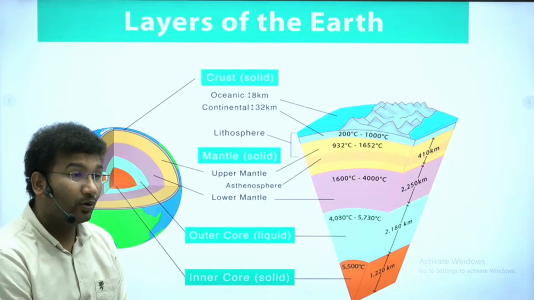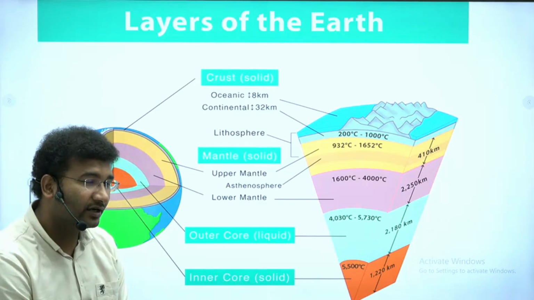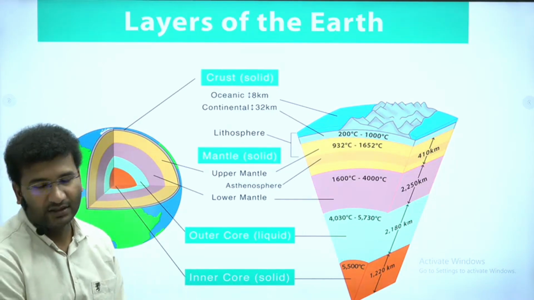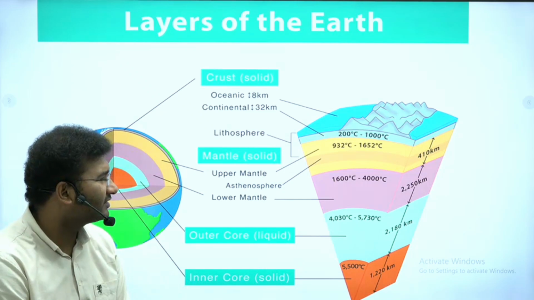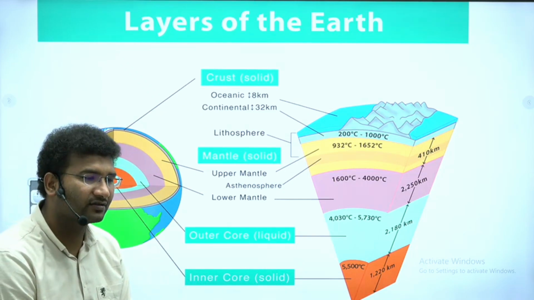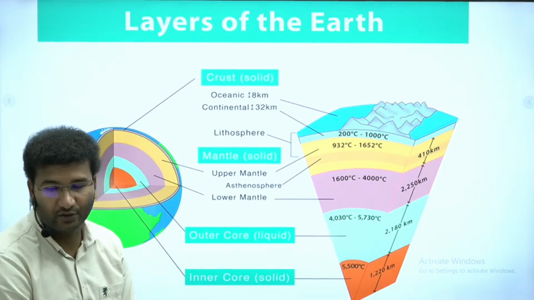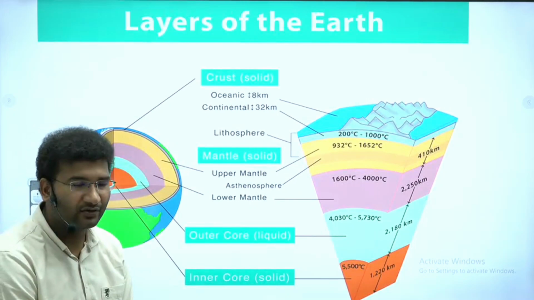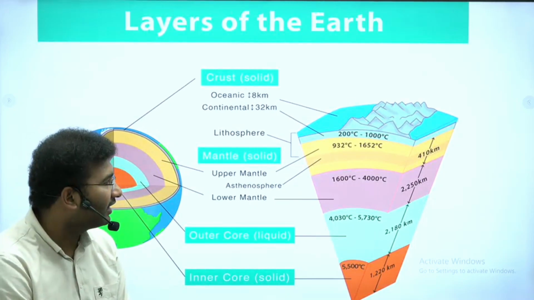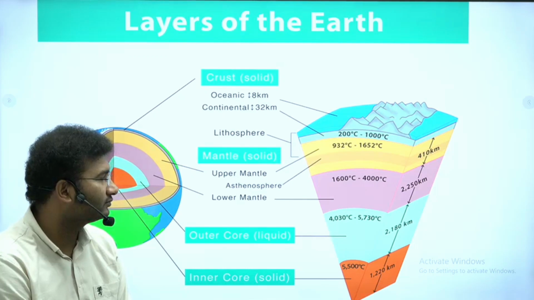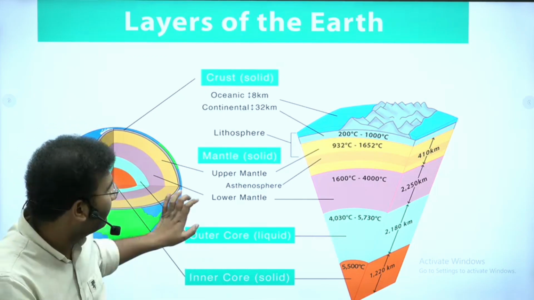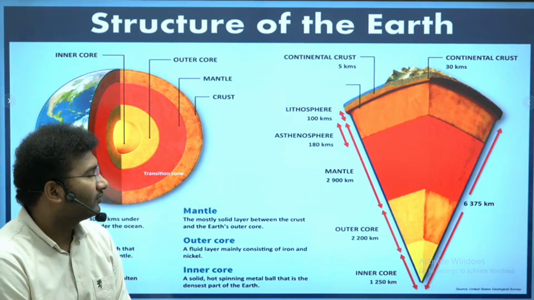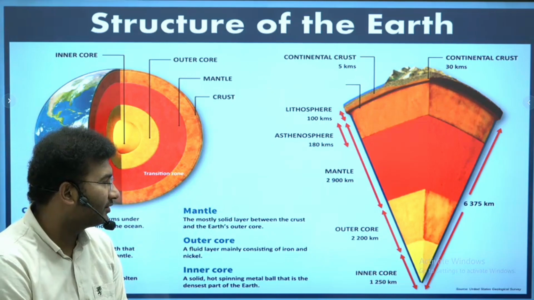See, core alone consists of how much weight? Near to 40% of the Earth's weight. Core, you can literally write it as 68% of the total mass of the Earth. And 83% of the total volume is made up of the core.